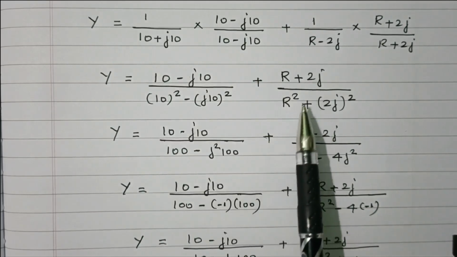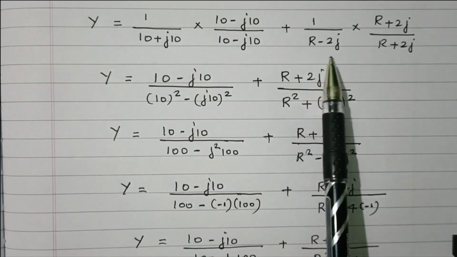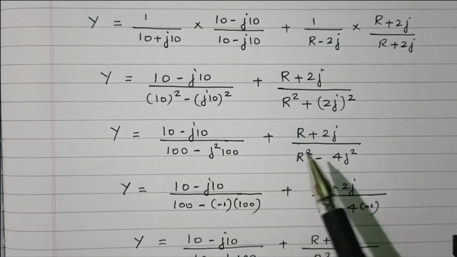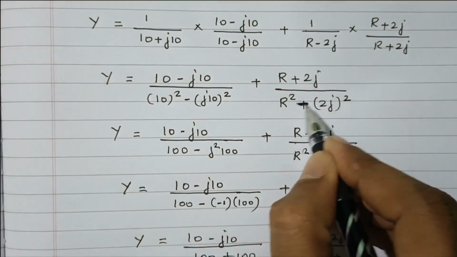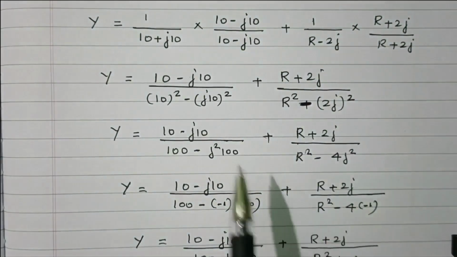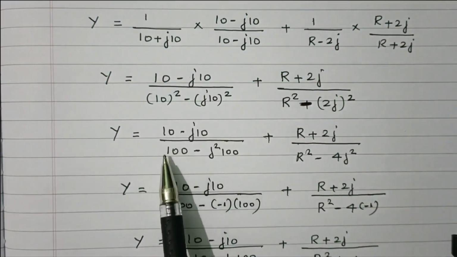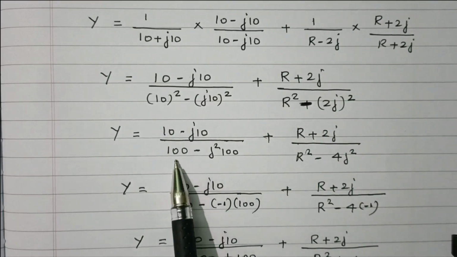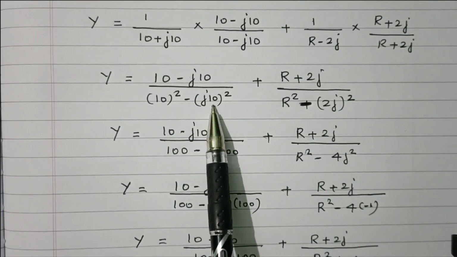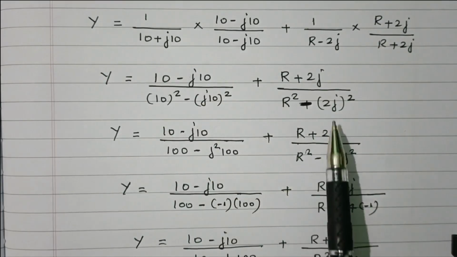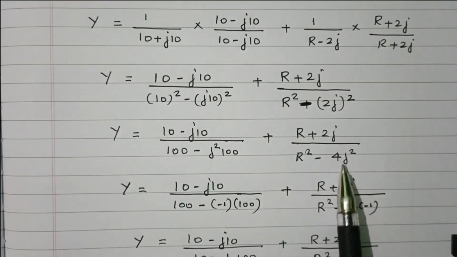Similarly here, R plus 2j, A is R, B is 2j, so R square minus (2j) square. 10 square is 100, (j10) whole square is j square into 100. Similarly here R square, (2j) square is 4j square.